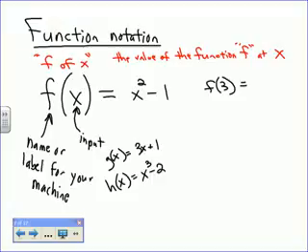This is just another way of writing the same thing that we were doing before. If I input 3, what's my output going to be? 8. So you'd say f of 3. In other words, when you put 3 into that function, it gives you 8. So f of 3 is 8. That's how you'd say that.